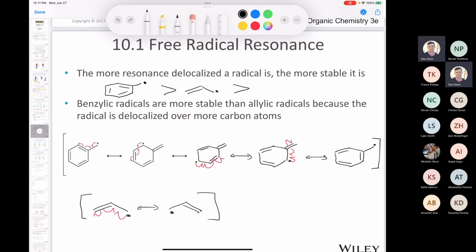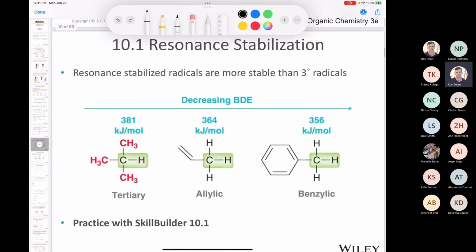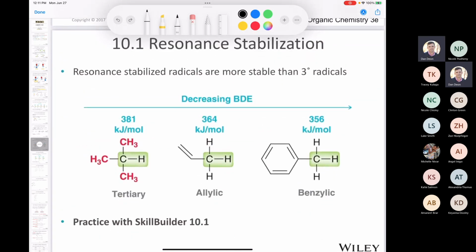So both of those would be more stable than this. You have a tertiary radical like that, it beats both of them out. Okay, and you're thinking, well, come on, that's only a primary carbon. Yeah, but it's resonance stabilized. And I have that summarized right here. This is just a picture taken straight from our book, that the benzylic is kind of the king of the castle in some ways. Then you go to allylic, then you have tertiary.